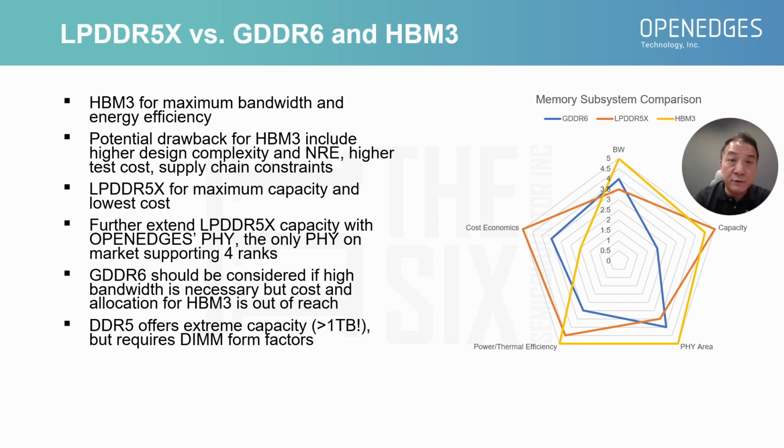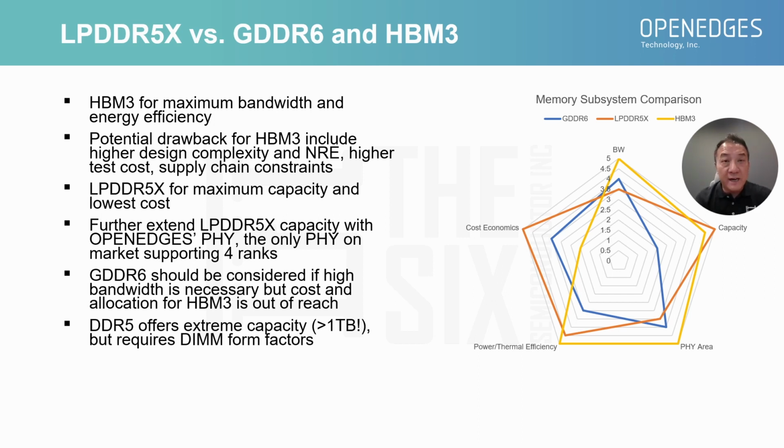However, it does have a drawback of higher design complexity for the overall system, as well as higher NRE costs. From production perspective, it has a higher test cost and it can run into supply chain constraints due to limited manufacturing capacity. Of course, there are many types of high performance systems and applications that demand the absolute best, then HBM3 is the way to go.